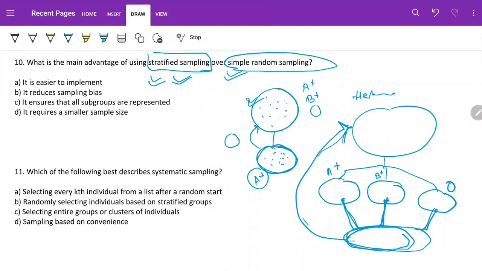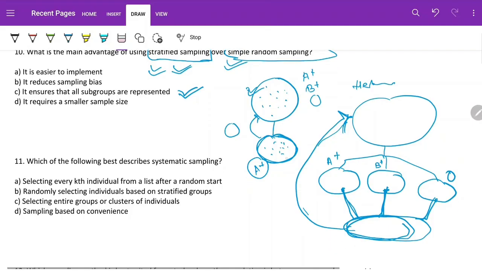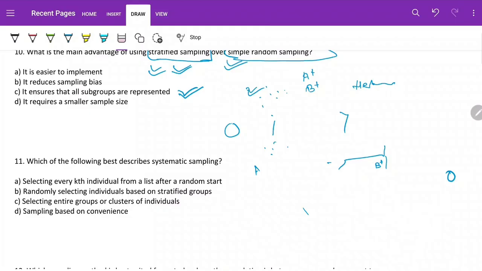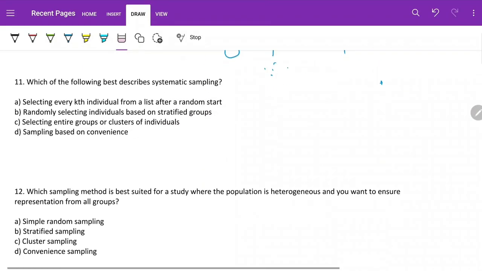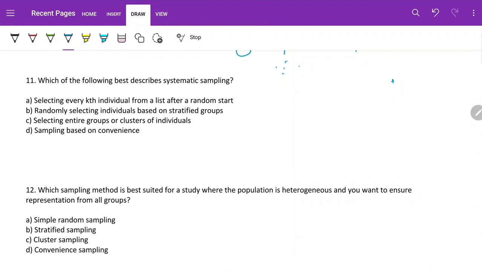It is easier to implement, it reduces sampling bias, it ensures that all subgroups are represented. So our answer is that stratified sampling ensures that each and every subgroup is represented. Now next, which of the following best describes systematic sampling?